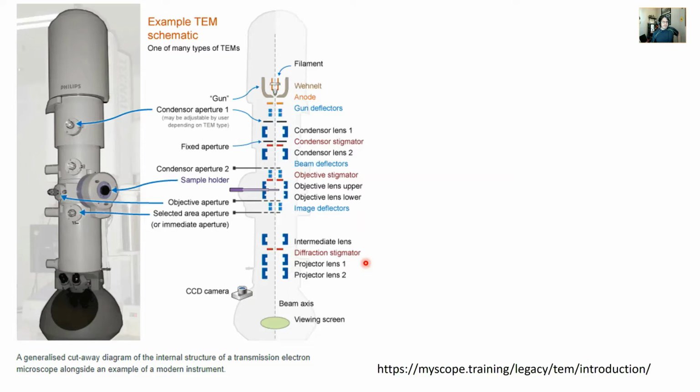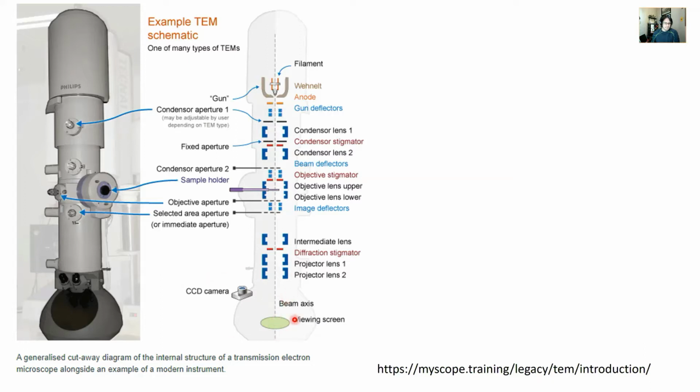So we have an example TEM schematic. I think this is the third time I've shown this in this lecture series. I got this off of MyScope. What's cool is, as I've said before, TEM is basically a big projector. You have your little specimen, the beam goes down, and you have your transmitted beam and your diffracted beam.